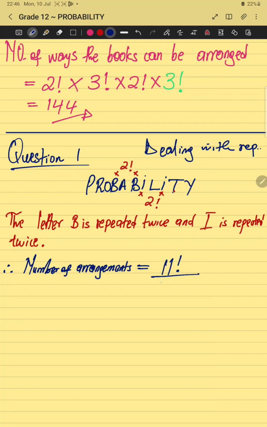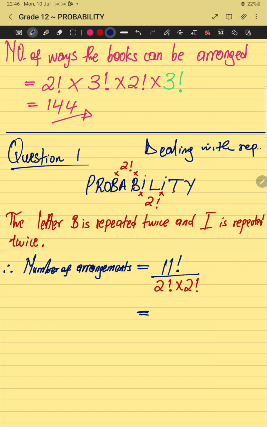So we've got 2 factorial for B and times 2 factorial for I. So this is how we do this question.